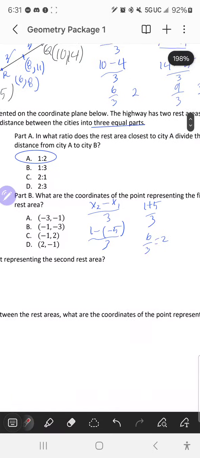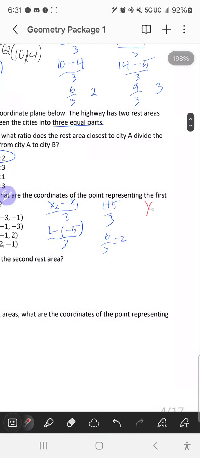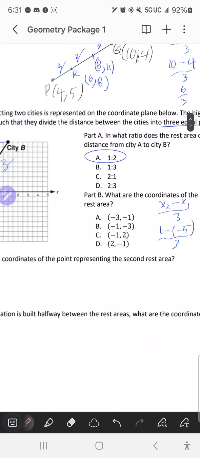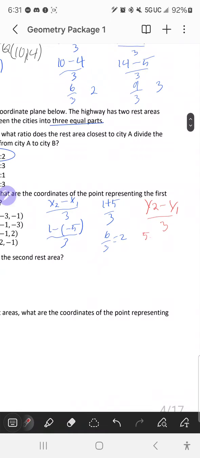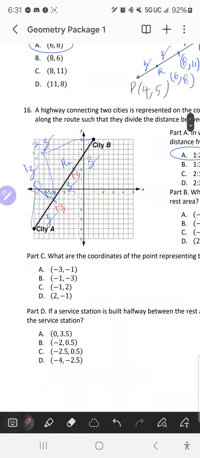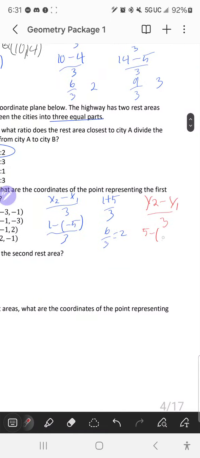Now we want to calculate the y. So y2 minus y1 divided by 3. y2 here is going to be 5 minus y1, which is negative 4, divided by 3.